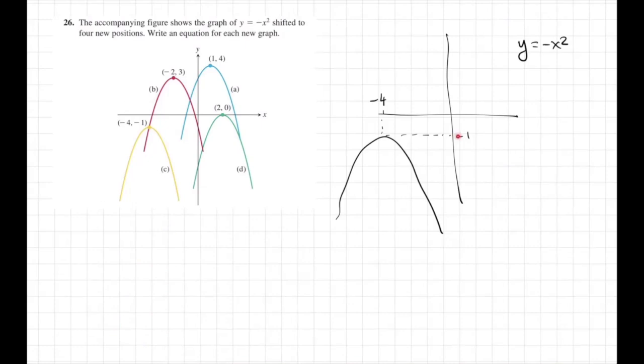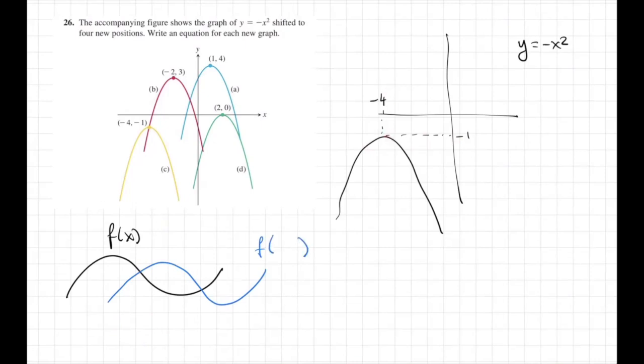How can we shift a function to the left or to the right? Again, let's say this is f(x), and this is the function that I shifted to the right. What should I write here?